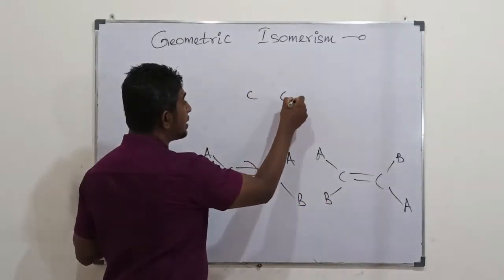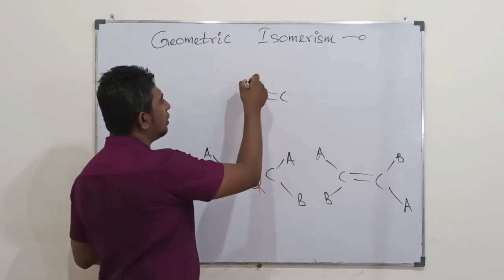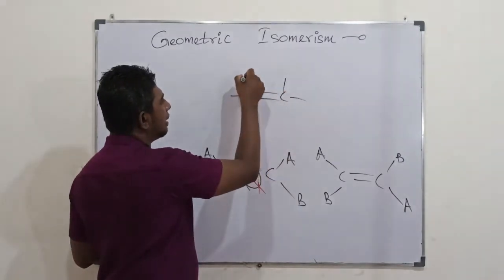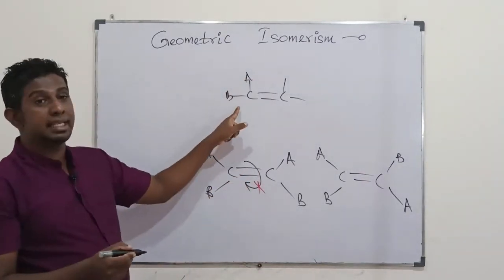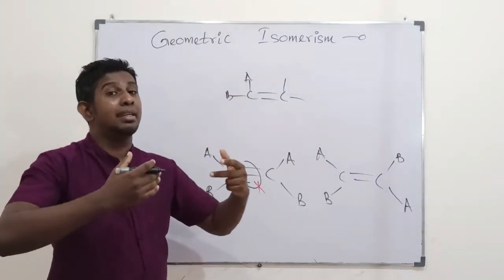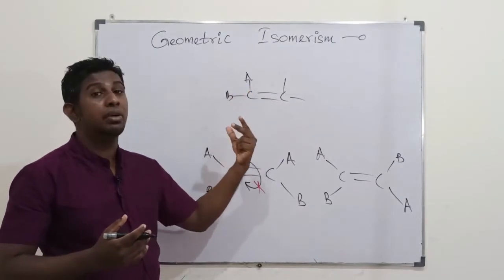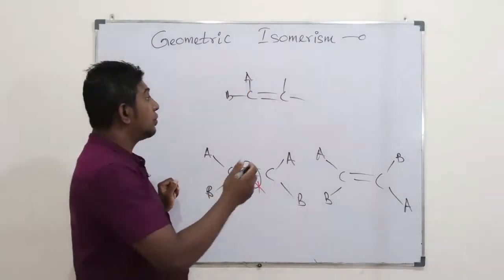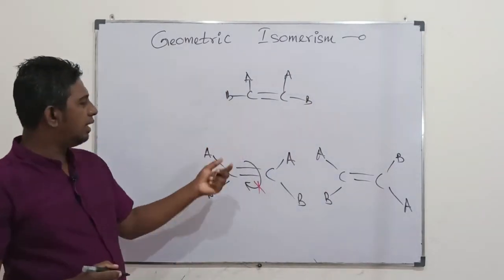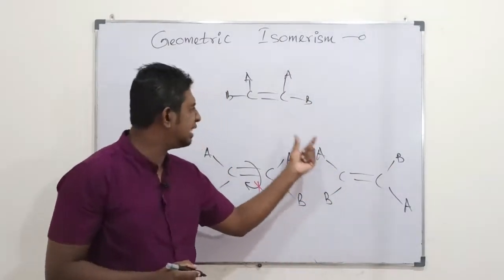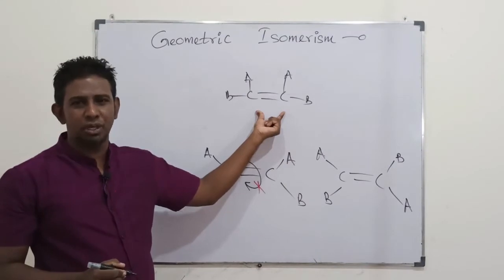On one carbon you have A and B, and it's not giving us the sense of how those two are arranged. Here also A and B. This is just the structural formula only.